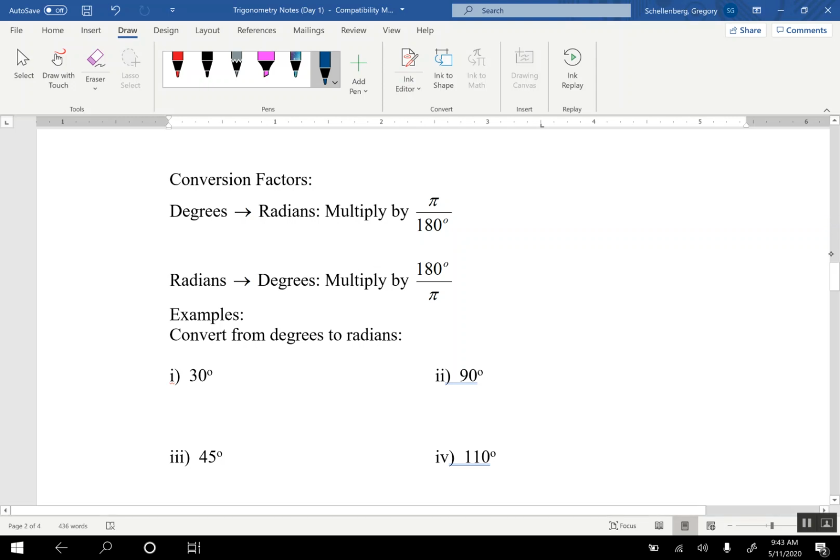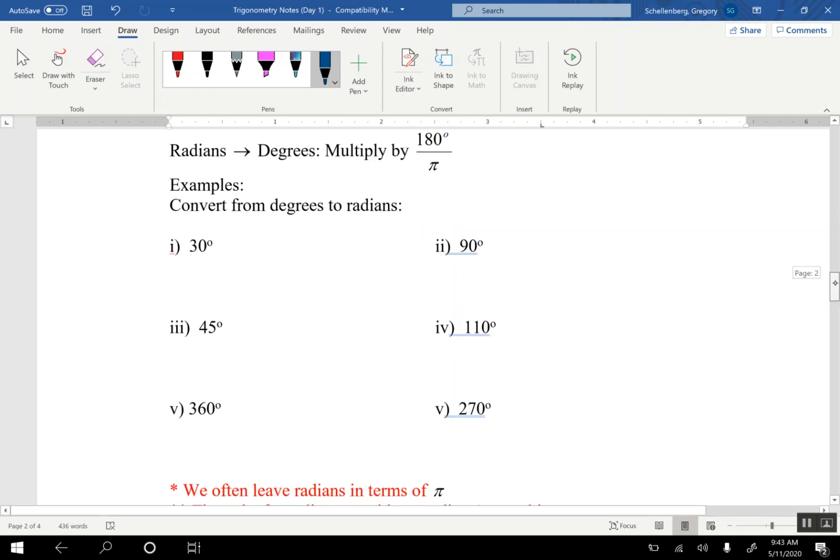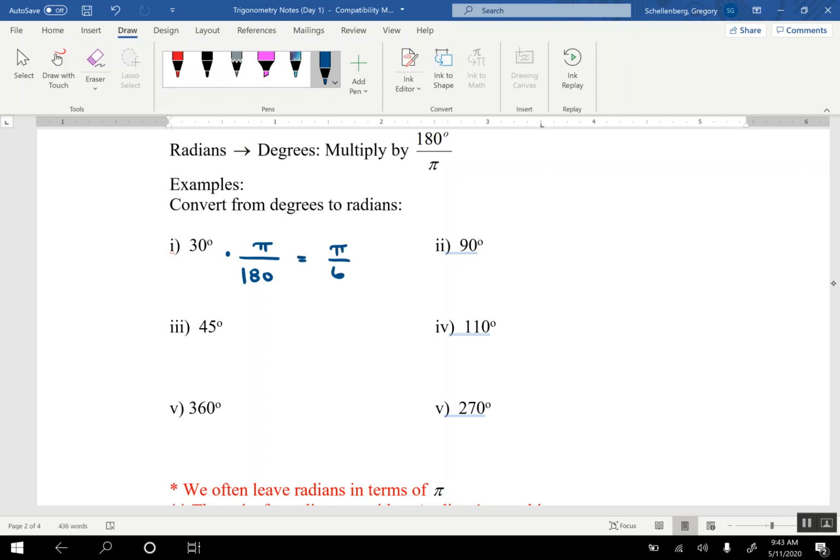Okay, so converting 30 degrees into radians, we're going to multiply by pi over 180. So we would get 30 pi over 180, which simplifies to pi over 6, and that is an angle in radians.